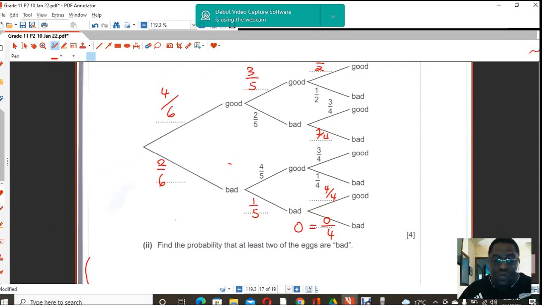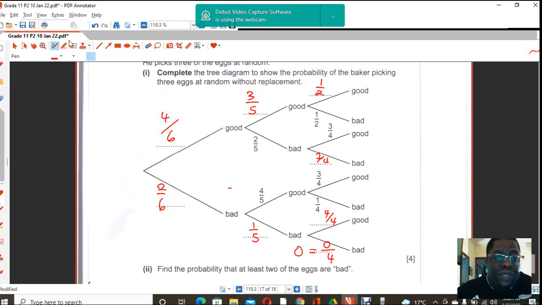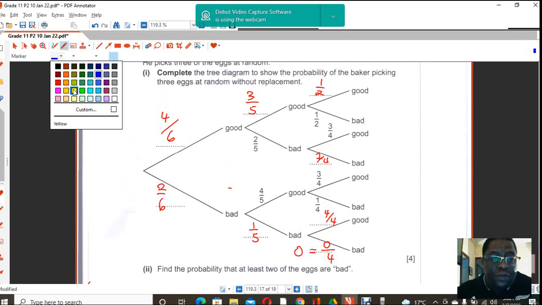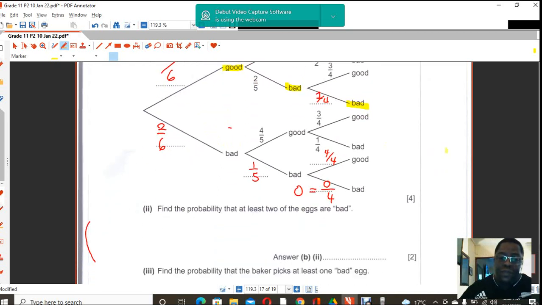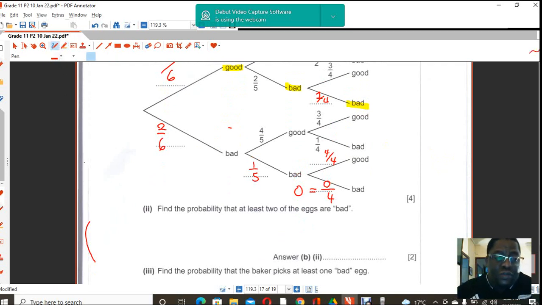I'm going to start with the good one, and then I'm going to pick bad, bad. So it's 4 over 6 times 2 over 5 times 1 over 4. Are you with me? That's one condition. 4 over 6, that's the good, and 2 bad ones, times 2 over 5, bad, times 1 over 4, bad.